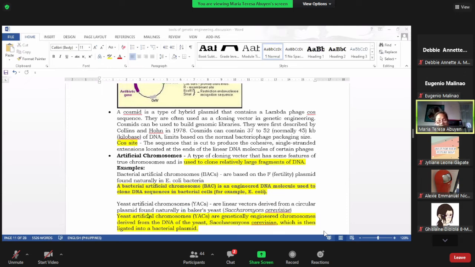The specific yeast used for this is Saccharomyces cerevisiae or the baker's yeast. So there are generally engineered chromosomes derived from a DNA of the yeast, which is then ligated into a bacterial plasmid. So ibubutang mo laanay an desired gene, let's say for example from the human cell, ibubutang mo nga diha yeast DNA, tapos from the yeast DNA into the plasmid.